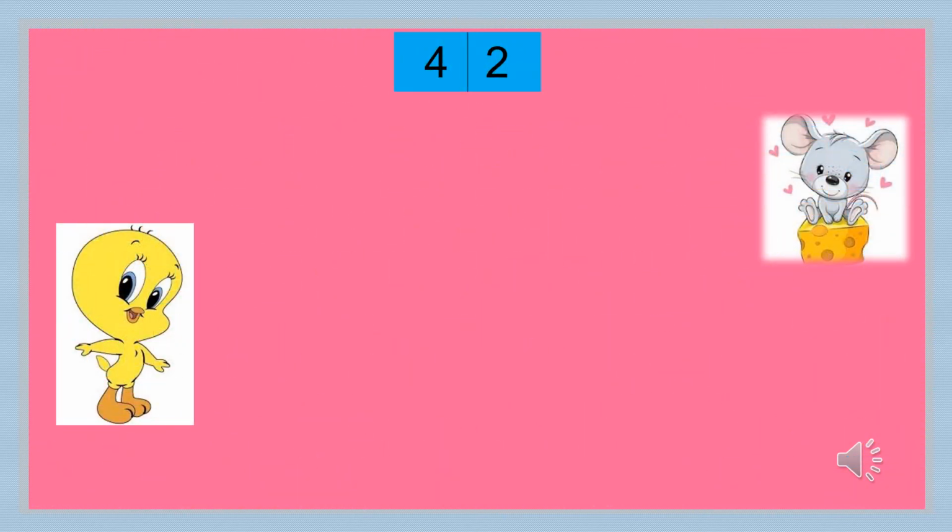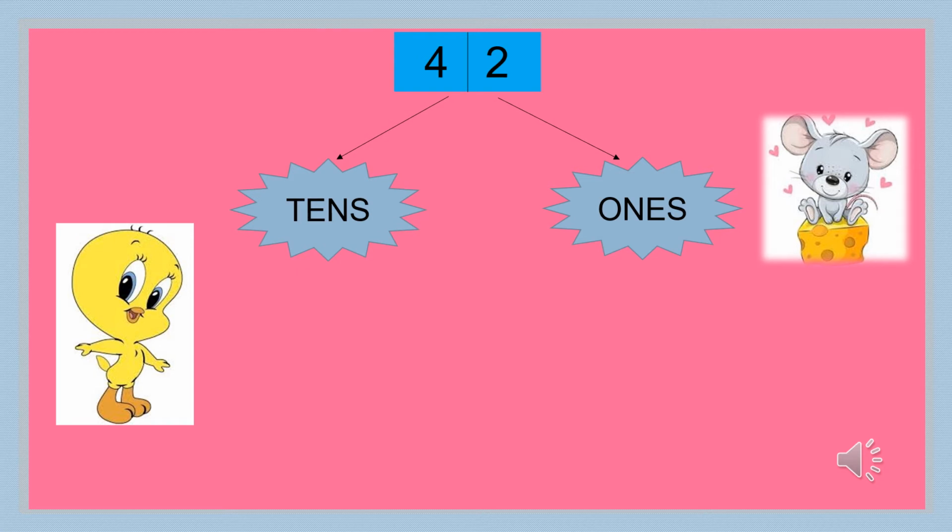Okay, children. So let's see the number 42 once again. We have learned the places of two-digit numbers. So we know that the right side digit is at ones place and the left side digit is at tens place. Here at ones place we have 2, so it has 2 ones in it. On the left side, at tens place, we can see 4 is there.